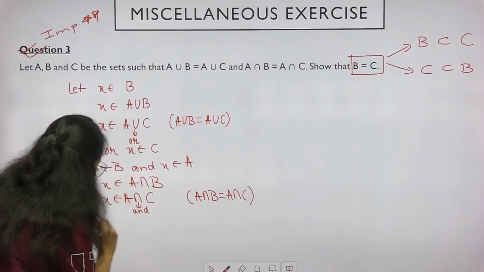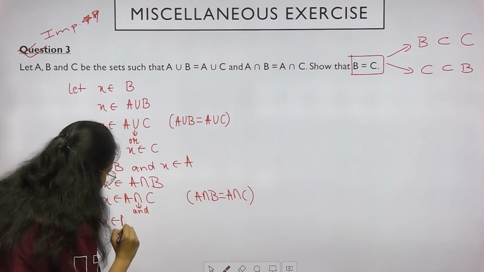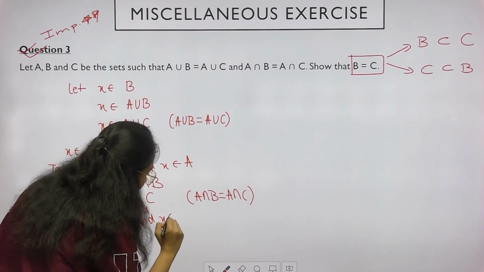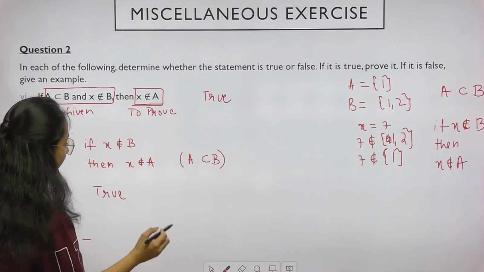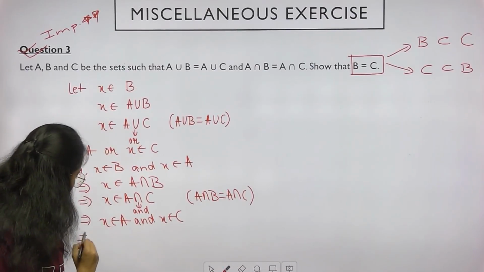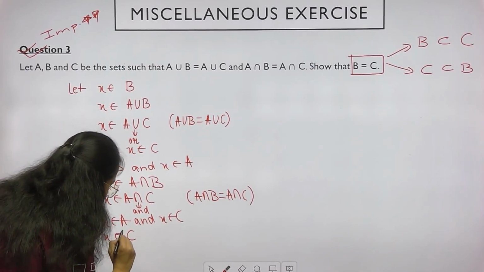Intersection means and. Now we can write that X belongs to A and X belongs to C. Now according to this, we can write X belongs to C.